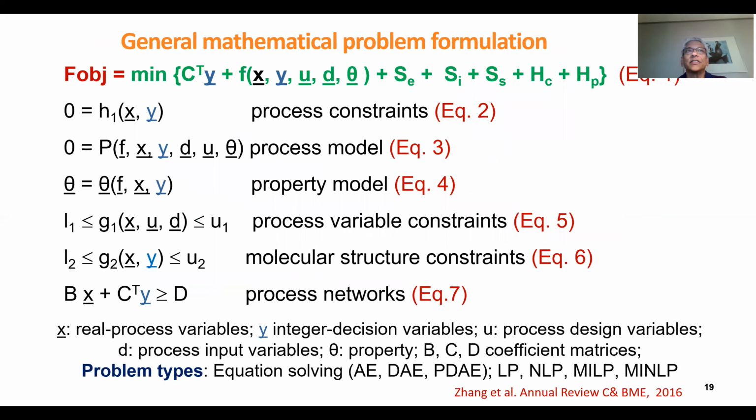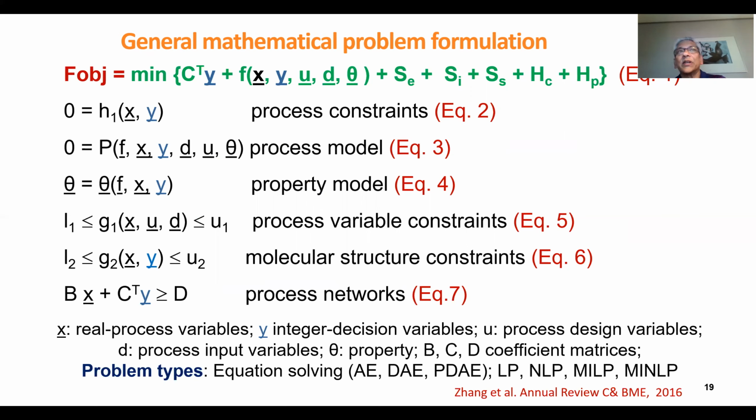So now let's see some of the equations so that we can understand a little bit better how the system would work. If we are solving any process engineering problem, usually we do optimization. So f of bj is the objective function that we may want to minimize or in some cases maximize.